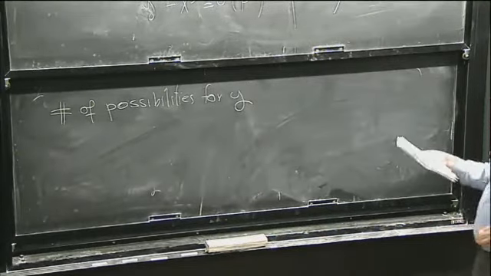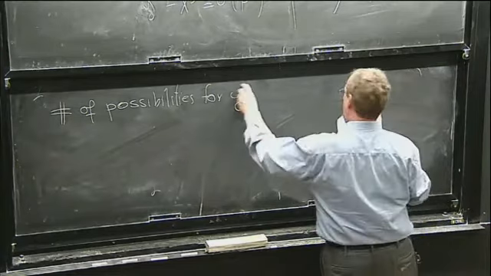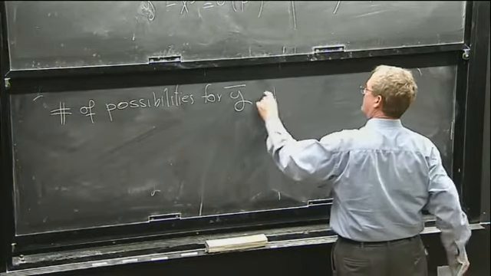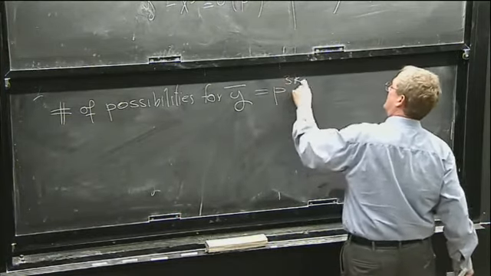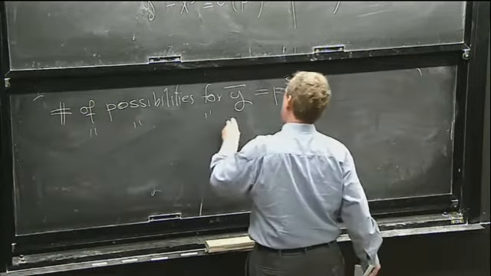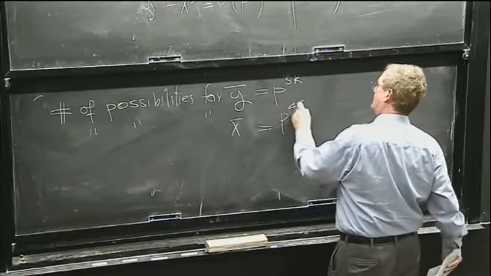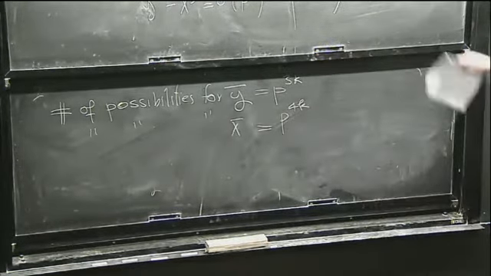So the number of possibilities for y bar is p to the 3k. And the number of possibilities for x bar is p to the 4k, because m is 6k.